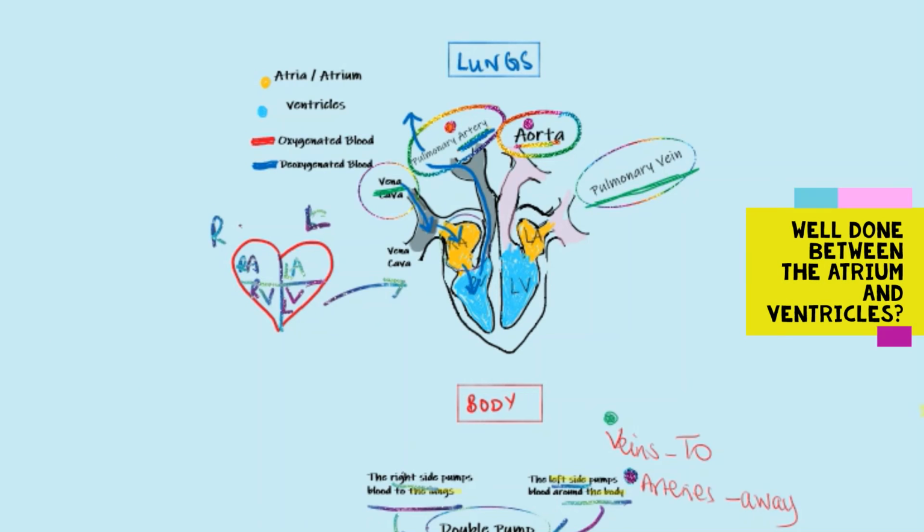Once it goes out of the artery, it will go into the lungs, and this is the deoxygenated blood. And you can see this represented as blue here. Deoxygenated means that it doesn't have any oxygen in it.